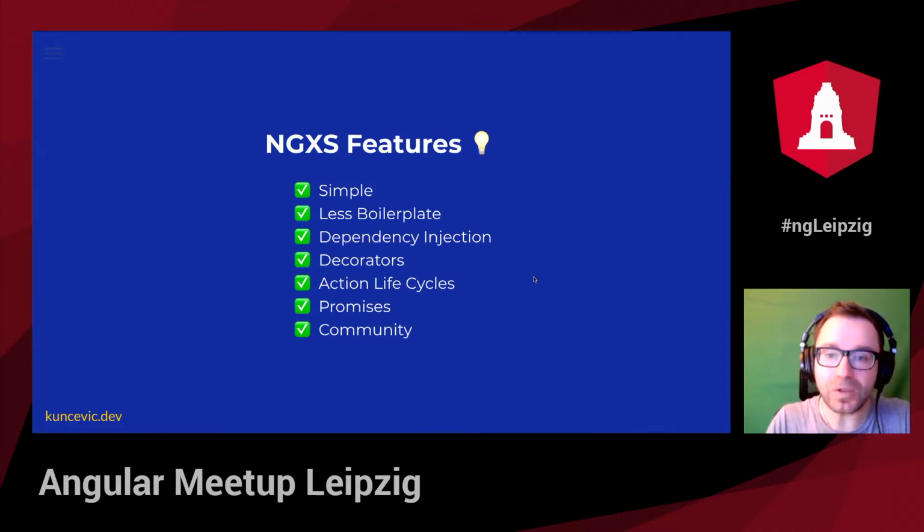NGXS is all about the Angular way of doing things, as dependency injection and decorators are first-class citizens of NGXS. You can even use promise-based async operators for some edge cases if you need. Also, NGXS is backed by a great community that you can reach out to in Slack if you have any questions or want to discuss anything directly with the team.